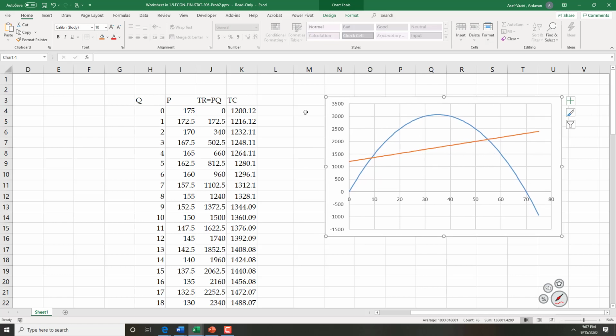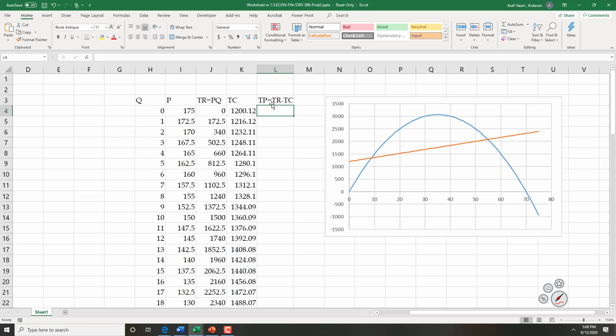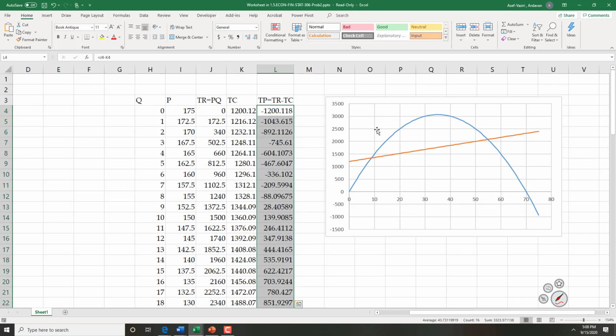Now I go here, and total profit is equal to total revenue minus total cost. Therefore, total profit is equal to total revenue, which is this one, minus total cost, which is this one. Enter, and therefore this is my total profit.